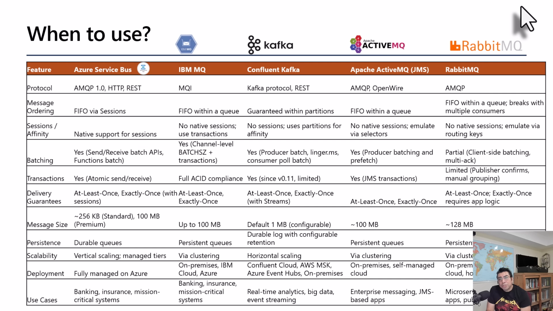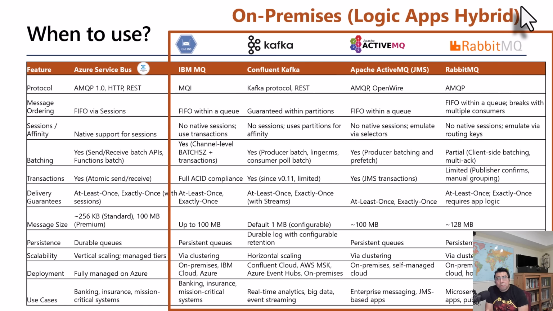But on the other technologies, we have IBM MQ, we have a Confluent Kafka connector as well. We are providing a private preview for an Apache ActiveMQ connector as well for JMS, and RabbitMQ. For all of these connectors, we have different characteristics, right? And we introduced RabbitMQ and Confluent Kafka additionally to JMS for on-premises and Logic Apps hybrid scenarios, because today we don't have Azure Service Bus on-premises.